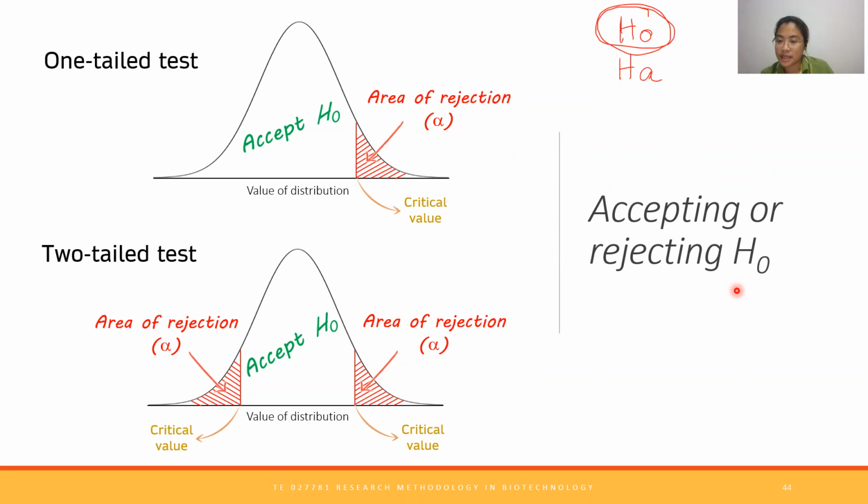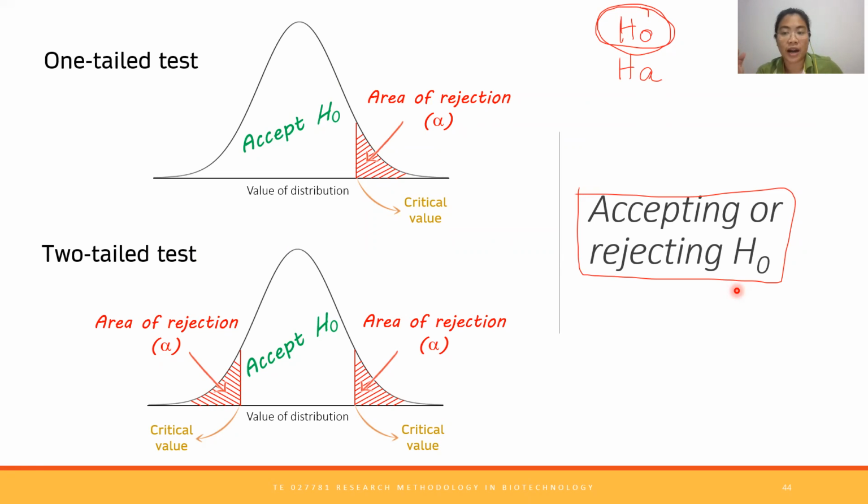So you are doing the test whether you want to accept or reject the null hypothesis. The alternative hypothesis is something else that is not included in the null hypothesis. But when you are doing statistical tests, you are finding ways to say that you are going to accept or reject H-naught.